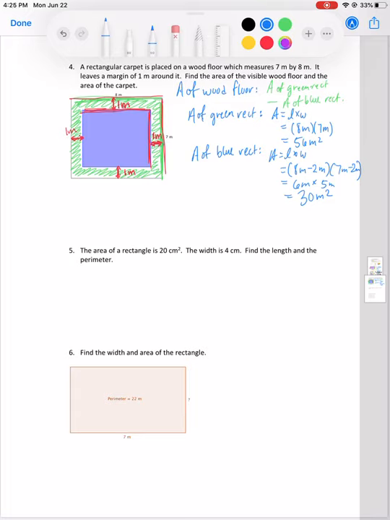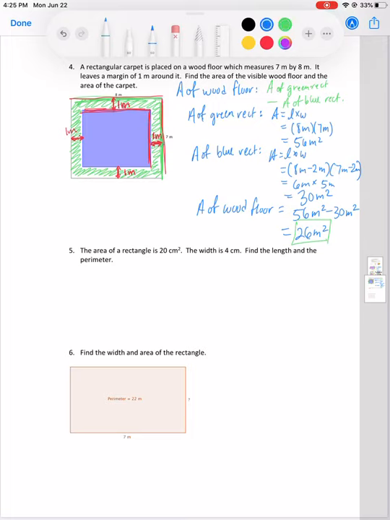So the area of the wood floor is equal to 56 meters squared, subtract 30 meters squared. And when we do that, we get 26 meters squared as our answer.